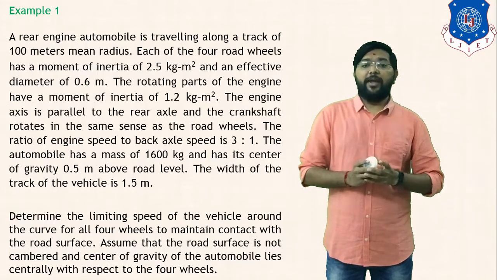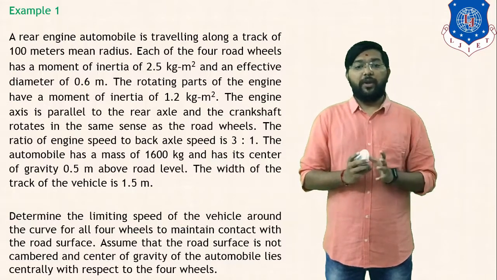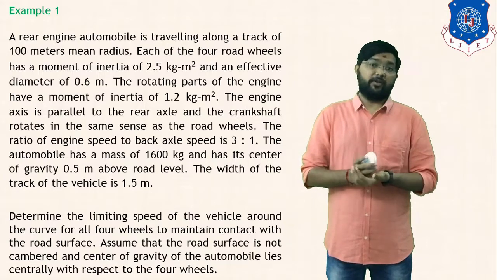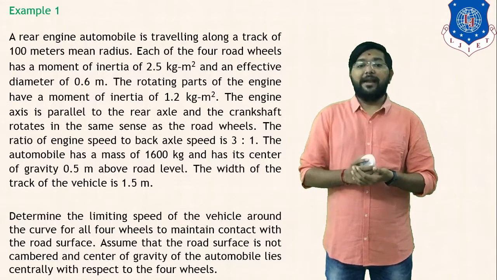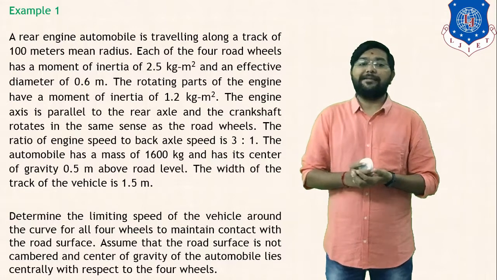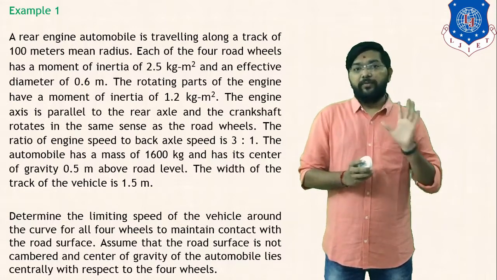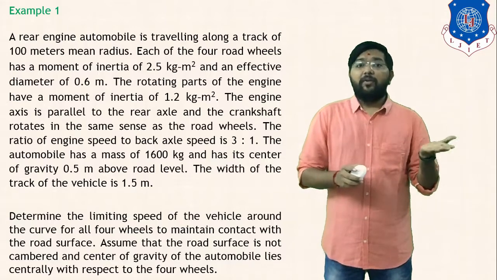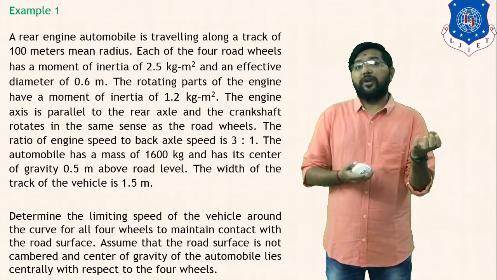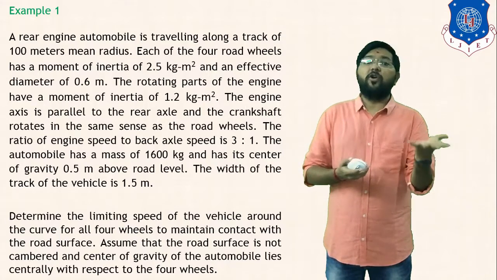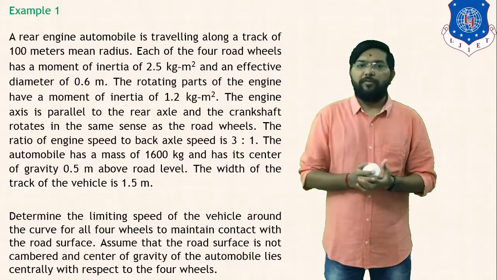Determine the limiting speed of the vehicle around the curve for the four-wheeler to maintain contact with the road surface, and assume the road surface is not cambered and the center of gravity of the automobile lies centrally with respect to the four wheels. Now we have to assume that the mass of the car is distributed equally on all four wheels because the CG is in the center of the body.